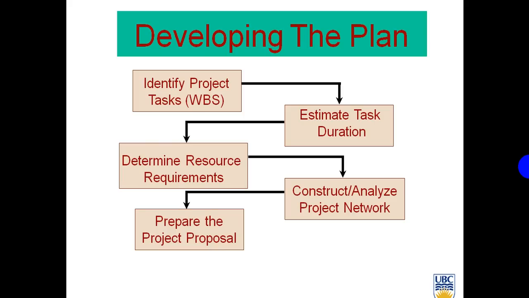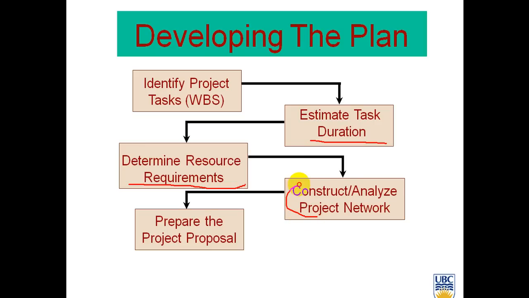The first step is we have to break down our project into several mini projects or tasks. The technical term for this part is WBS, work breakdown structure. The next step is to identify the duration of each task and define the resources required for the task.